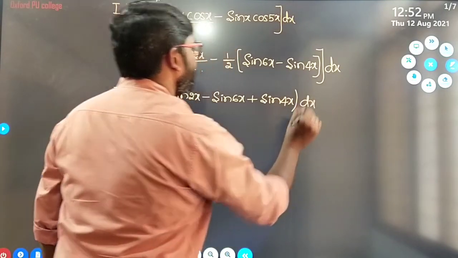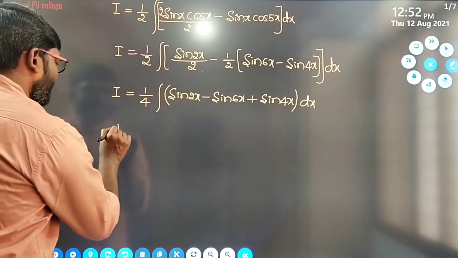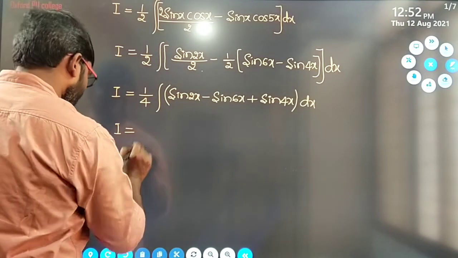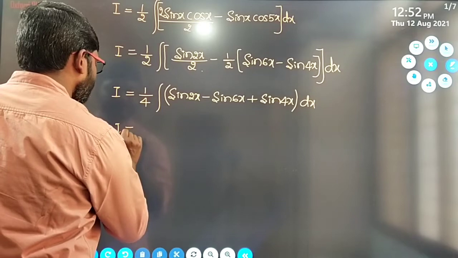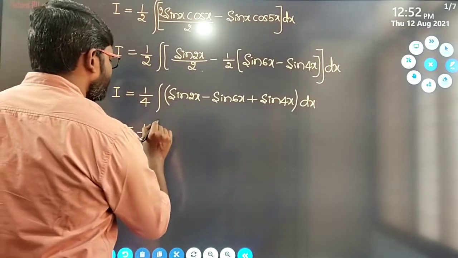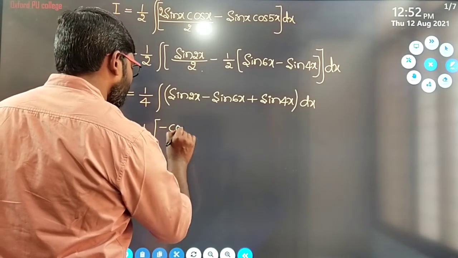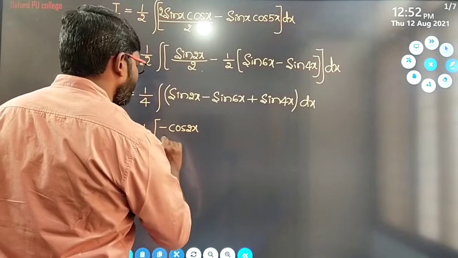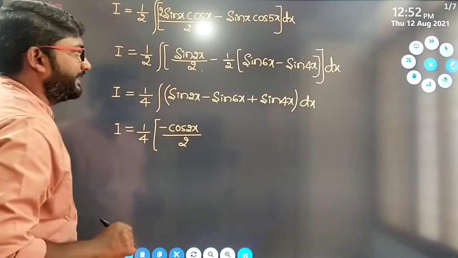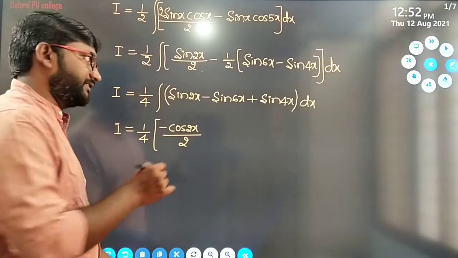So now we will have to integrate them separately. So I is equal to 1 by 4, then integration of sin 2x, it will be minus cos 2x by 2, then integration of sin 6x, it will be minus cos 6x by 6.